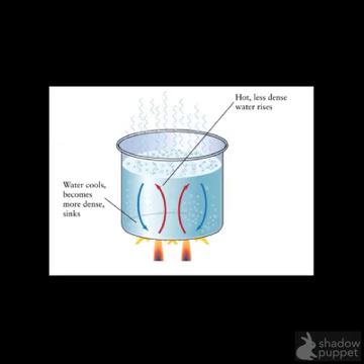What's really going on, though, is a convection current, just like we've studied with the mantle. You've got the flame down at the bottom, and then it warms up the water. Warm temperature is less dense, so it rises. And then as it rises to the top, it gets further away from the flame. It becomes cooler.